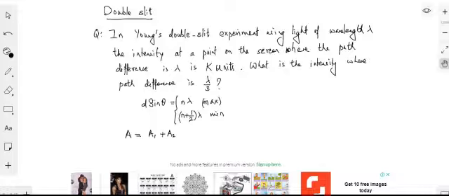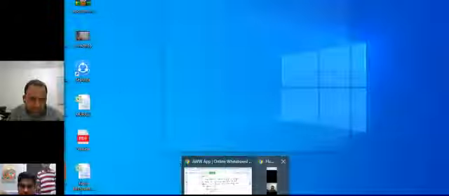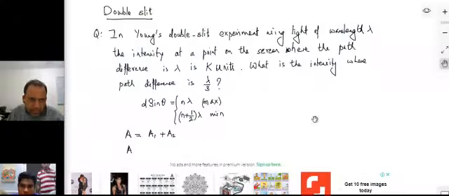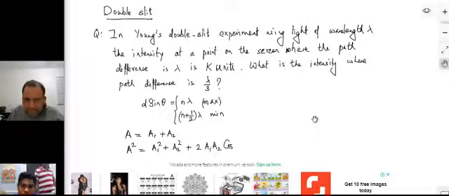And the interference of this is given by the formula A1 square plus A2 square. Let's think of this as vectors. So it is plus 2 times A1 A2 times the cosine of the path difference. So this is thought of as path difference.